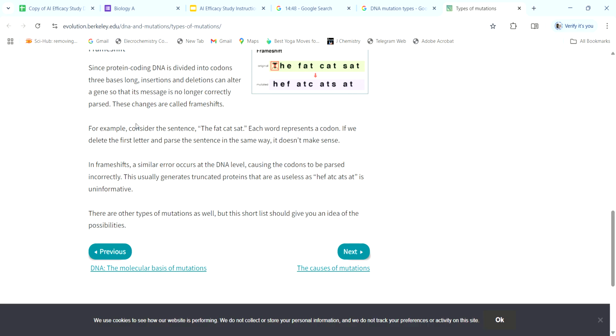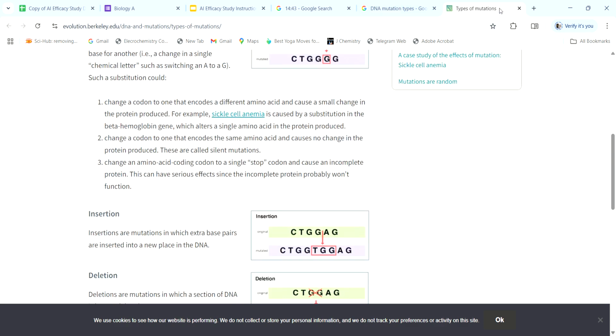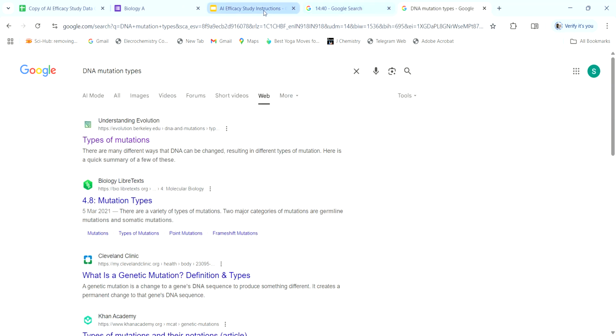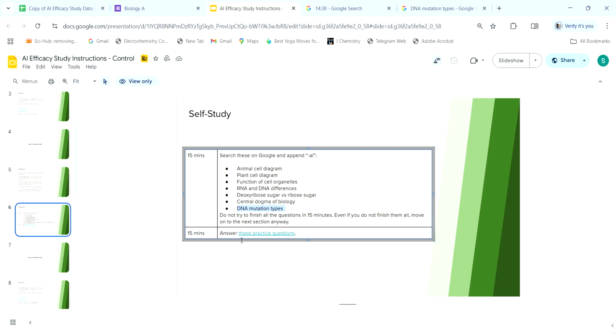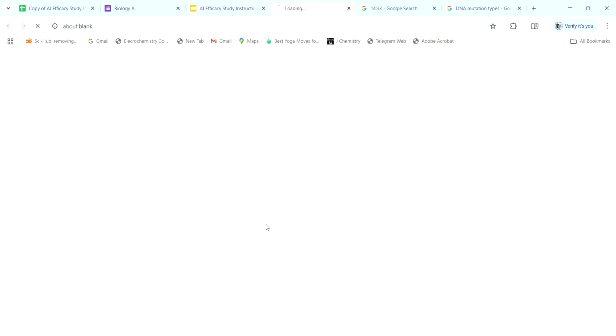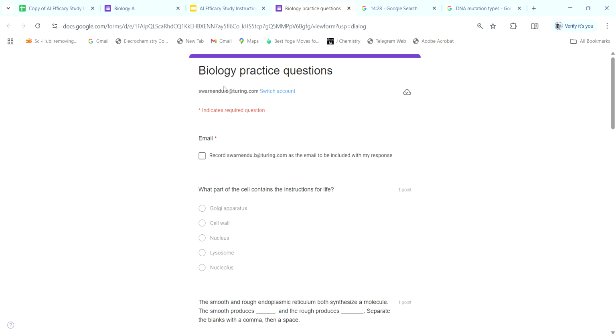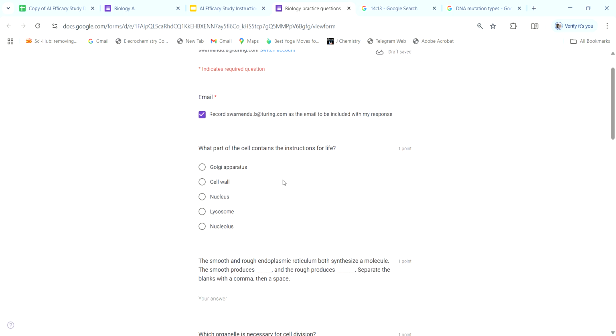Okay, so I'll move to the next part, that is, answer this question. What part of the cell contains the instruction for life?